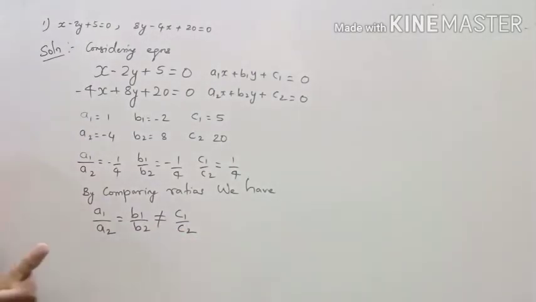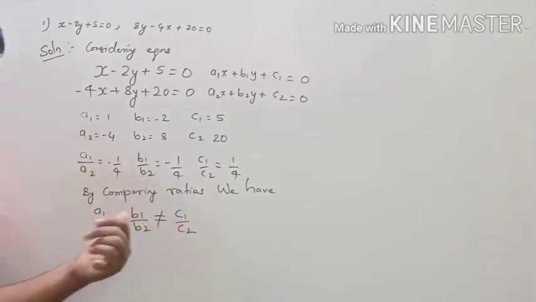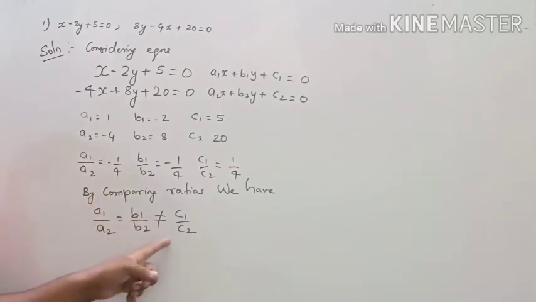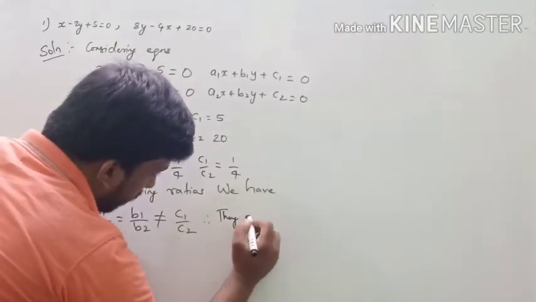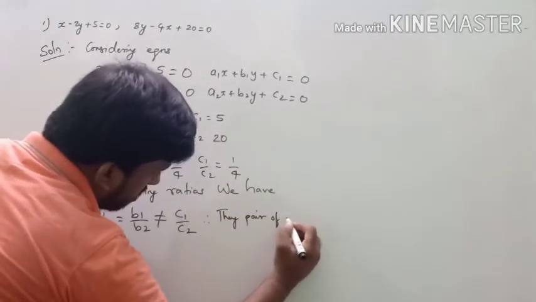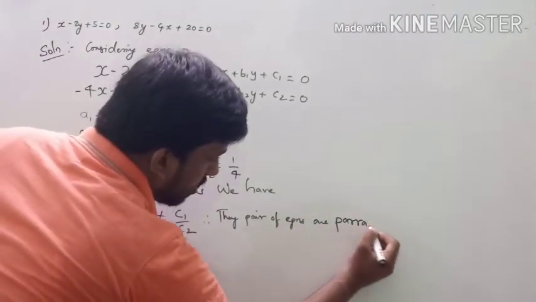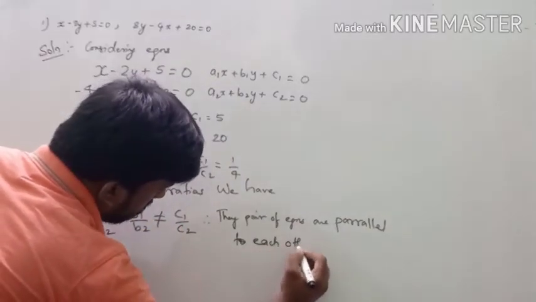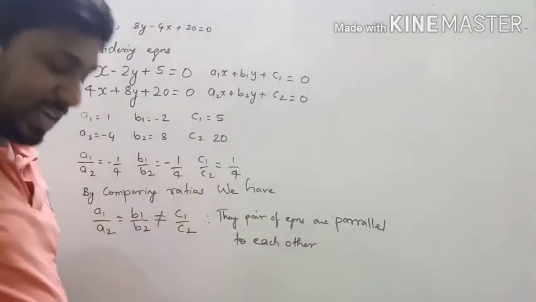The first condition was if a1 by a2 is not equal to b1 by b2, then the lines intersect. If a1 by a2 is equal to b1 by b2 and that is not equal to c1 by c2, then they are parallel lines. Therefore the pair of equations are parallel to each other. So there is no solution for these two equations, and also they are inconsistent.